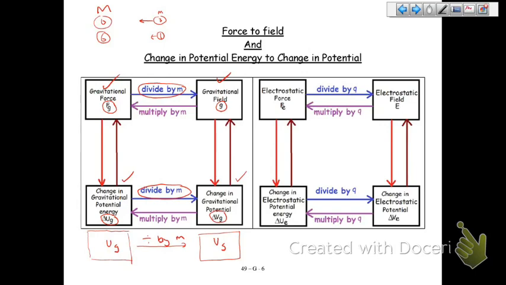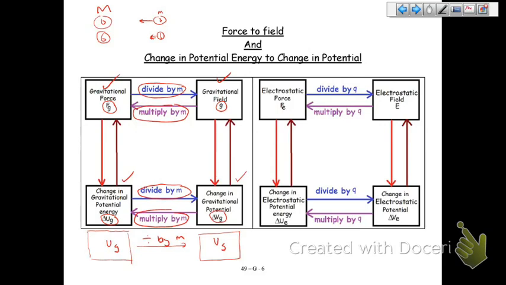You want to go the other way? I know the gravitational field, and now I'm putting a 3 kilogram mass in. I multiply by the little mass. So I'm going to multiply by m. And what's the equivalent for mass in electrostatics? Charge.